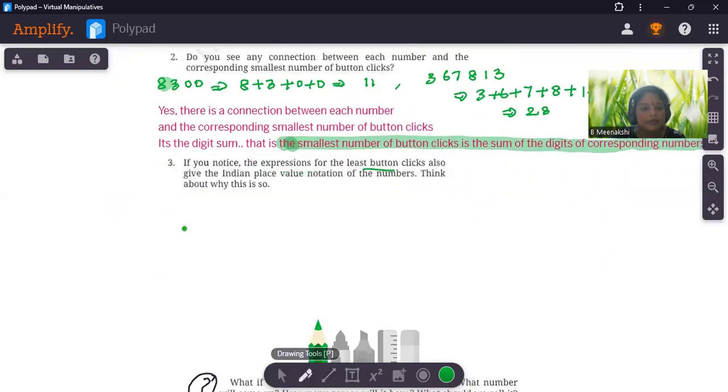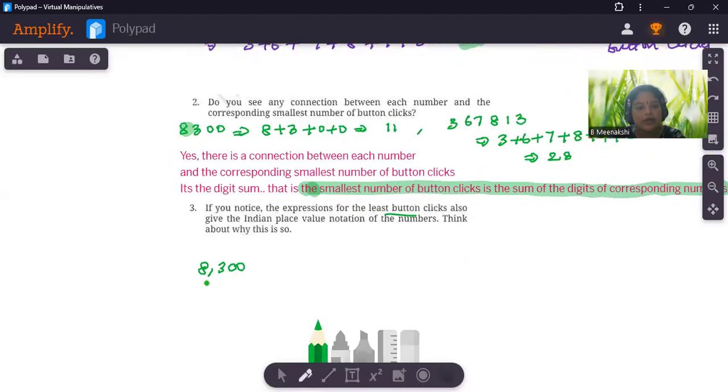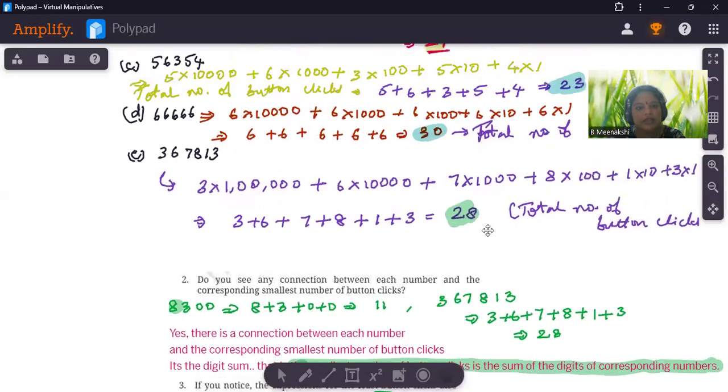8,300. For 8,300 we will put a comma after 8 and separate this. Okay. This is the Indian place value system notation.